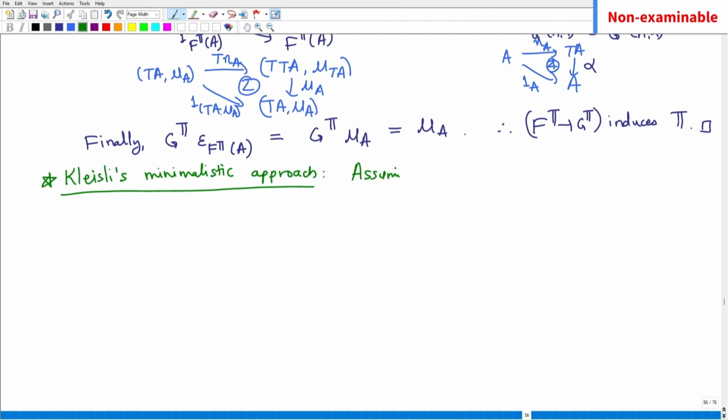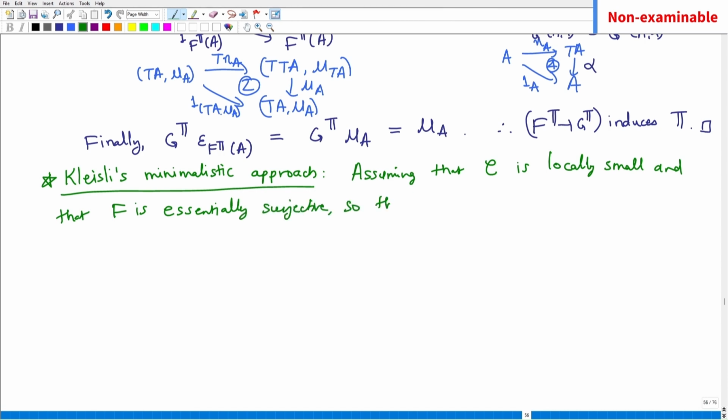Assuming that C is locally small, and that F is essentially surjective, so that we can replace the category D... I think I should say something more.